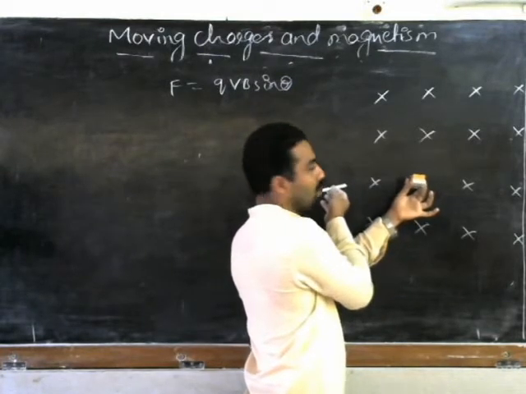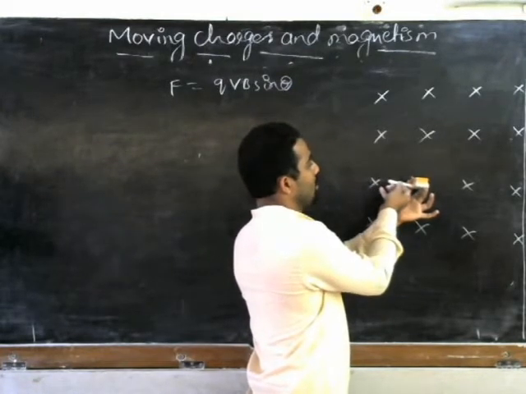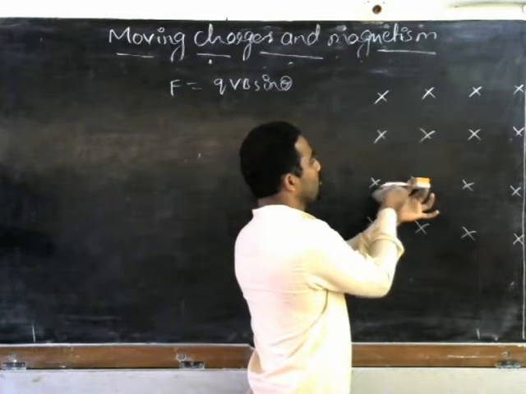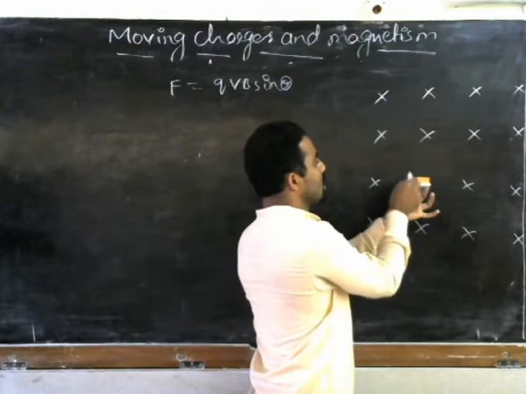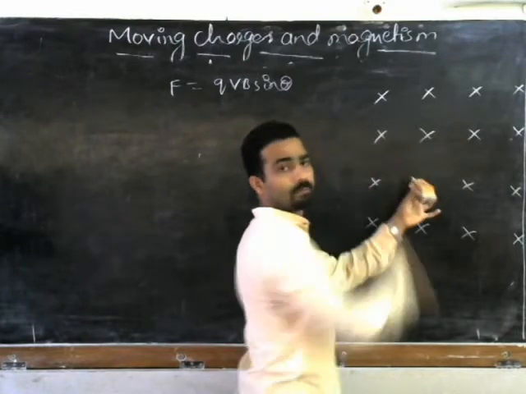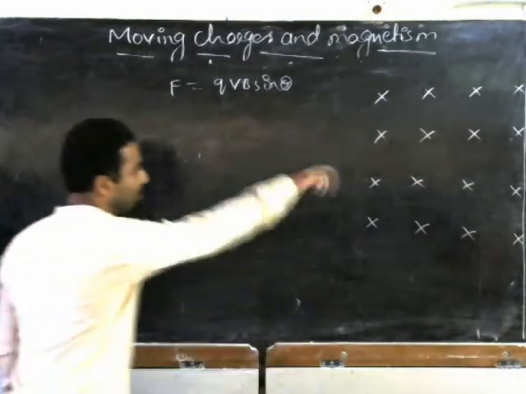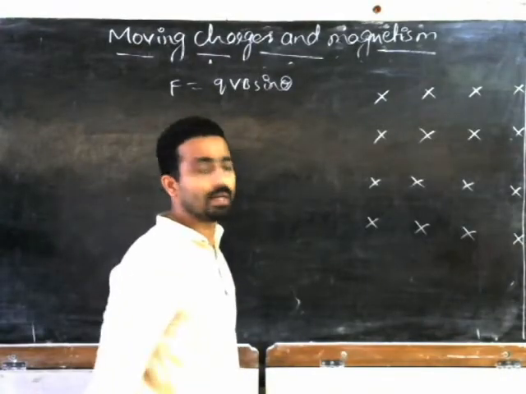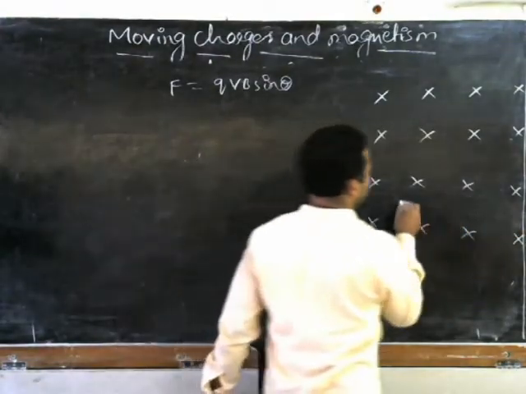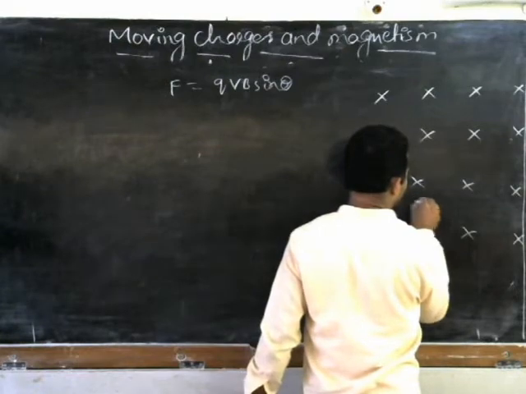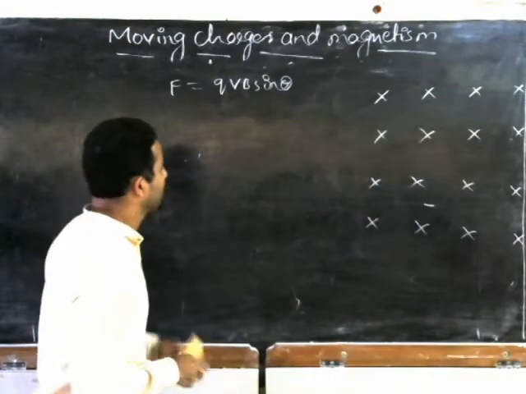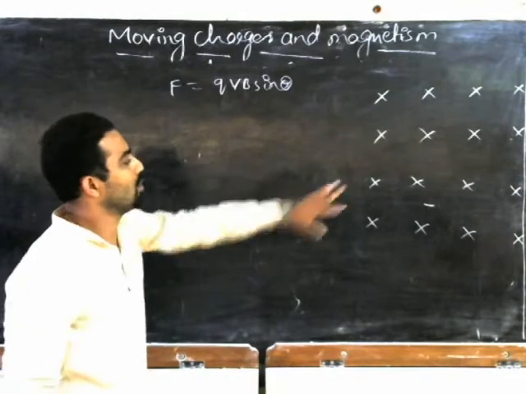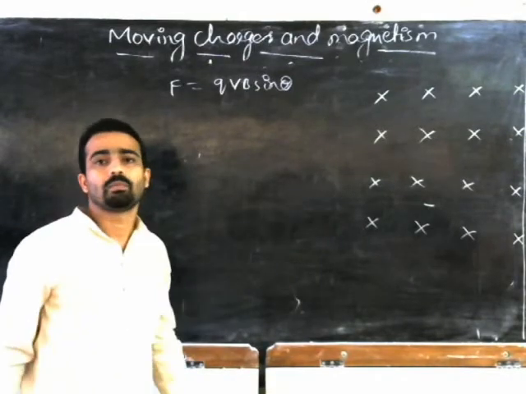The angle between this magnetic field and the direction of the velocity is 90 degrees. Once it has entered here, there will be a force acting upon that charged particle.